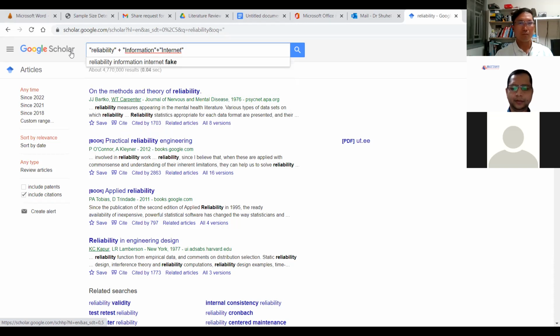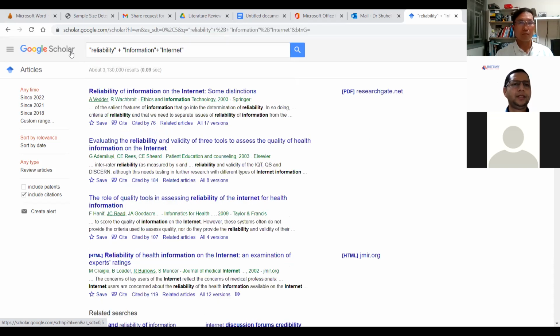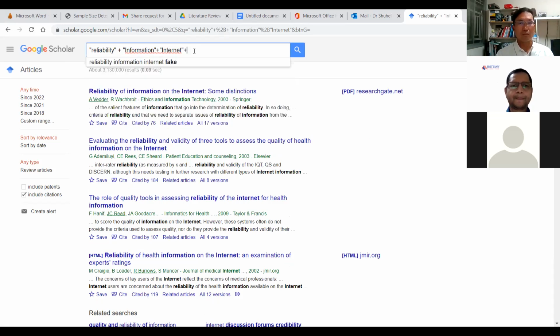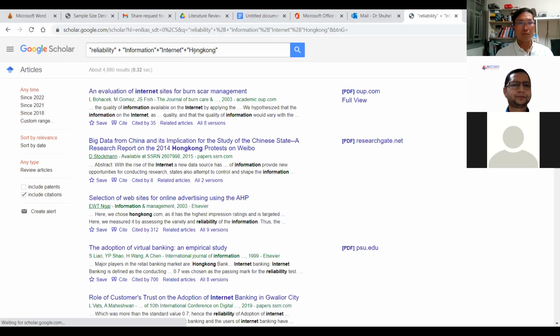Now you see, 3,000 only, 3,130. See, from 46,000, it comes to only 3,000. If you go further like this, Hong Kong. Now it's 4,000.